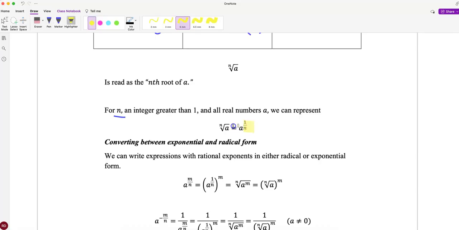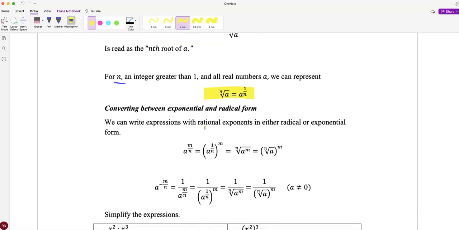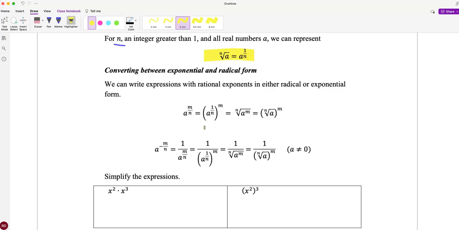So this is the first time you're probably seeing fractional exponents. Okay. So when I see a fractional exponent, when I raise something to the 1 over n power, that's the same as the nth root of that. And if I look at a to the m over n, that's the same as a to the 1 over n, times m.